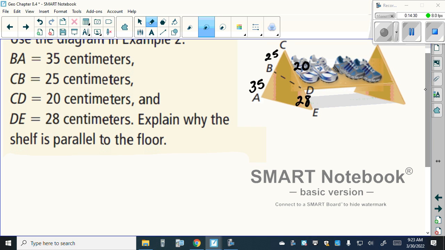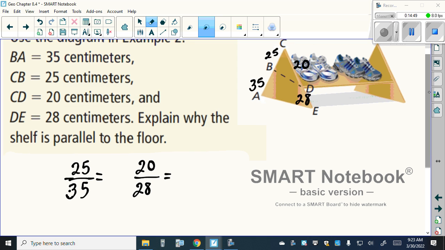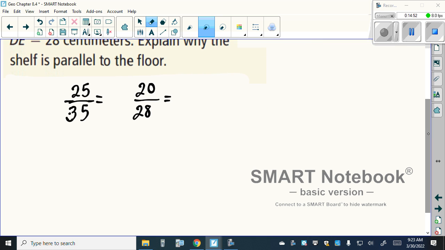So now we just need to see how they compare. So we're looking at 25 over 35. And our other one is 20 over 28. Now we just need to reduce these here, and if they reduce to the same fraction, then they work.